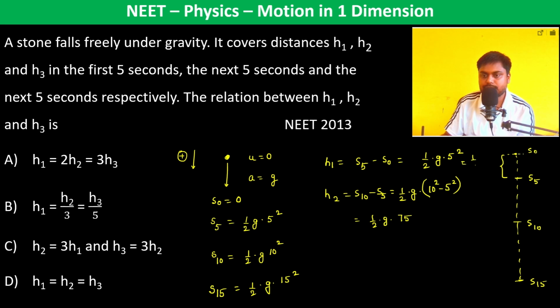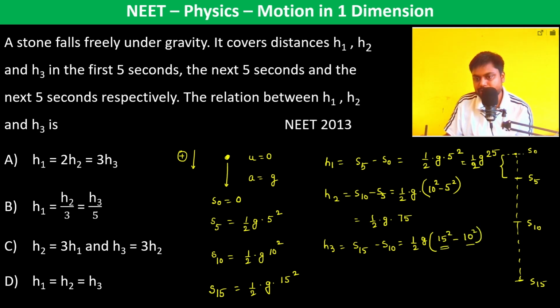Here it's half into g into 25, and h3 becomes s15 minus s10, which is half into g into 15 square minus 10 square. So this is 225 minus 100, which is half into g into 125.